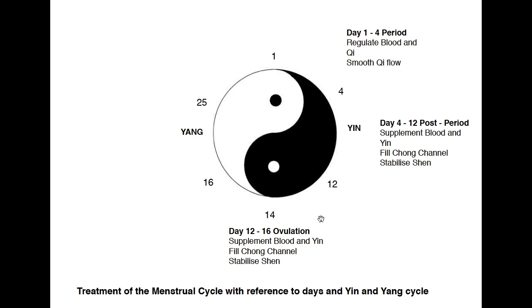Okay, so then from day 12 to day 16 around here, you're going to have ovulation. Obviously, ideally it's here, but it will vary. And around this time, what you're doing is you're supporting the blood and the yin, stabilizing the Shen. So it's a continuation of this. You're just getting ready for the yang phase.